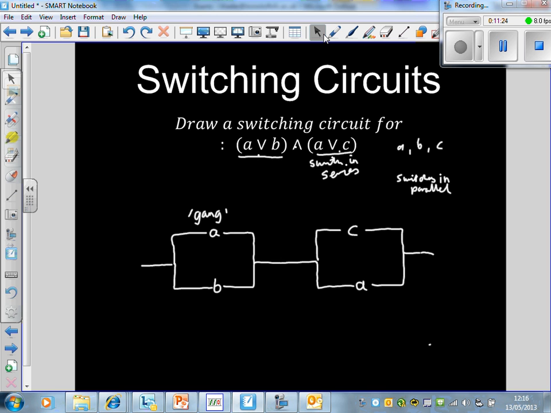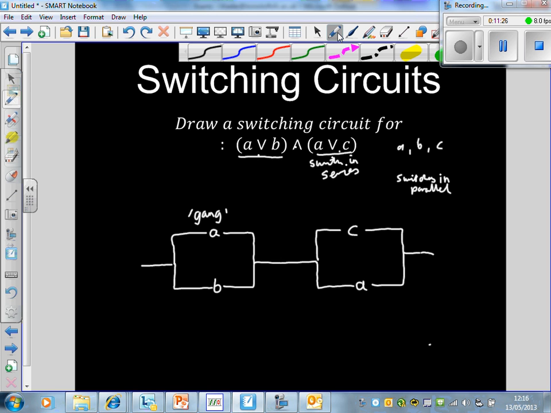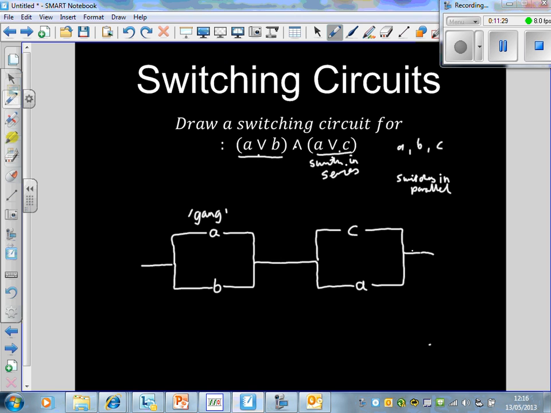Nice and easy. So we've got two sets of switches in parallel. What that means is that our output here is going to be whatever the Boolean expression is for A or B and A or C. Let's take a particular configuration of A, B, and C. Let's say that A is on, B is off, and C is on.